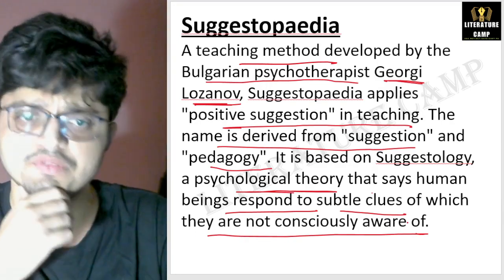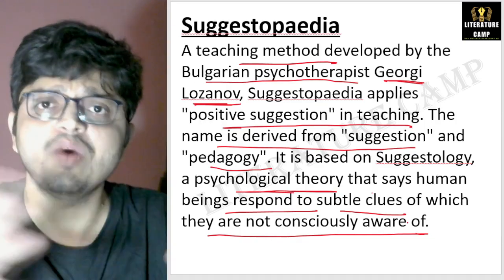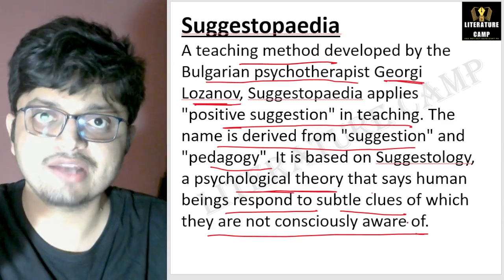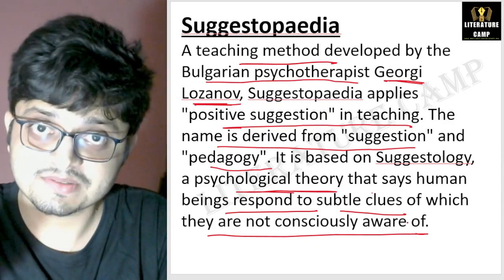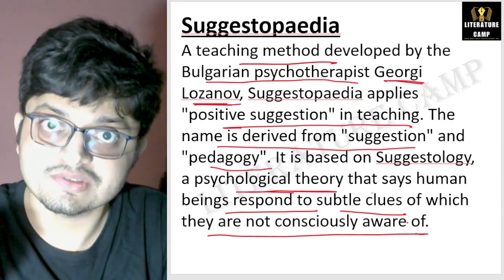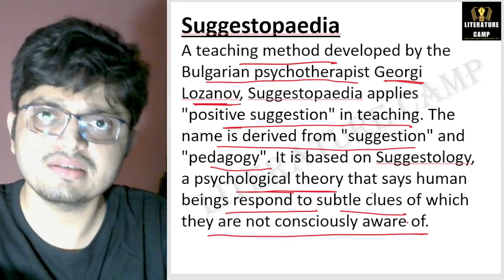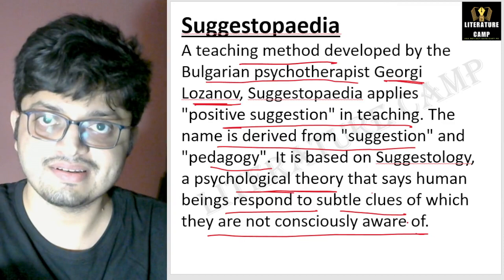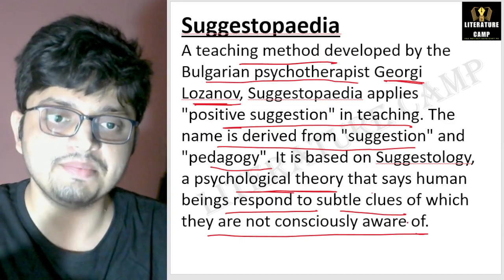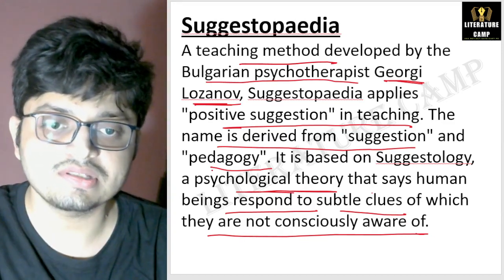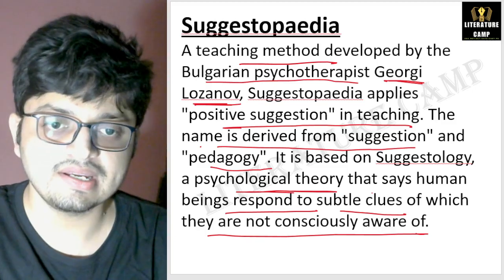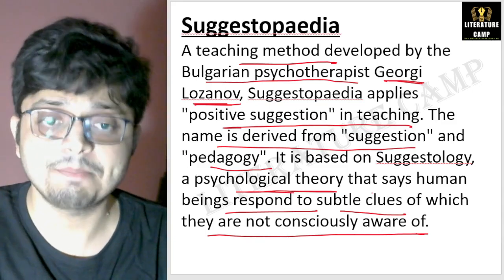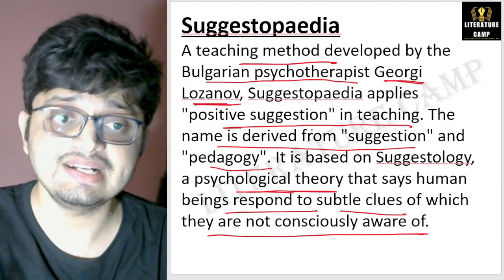If you think of Suggestopedia, in this world of MCQs, we sometimes forget the correct answer and we ask for clues. And whenever we get clues, we instantly remember the answer, right? So this concept is developed by Georgy Lozanov. This is number one. Secondly, Suggestopedia applies positive suggestion in teaching.